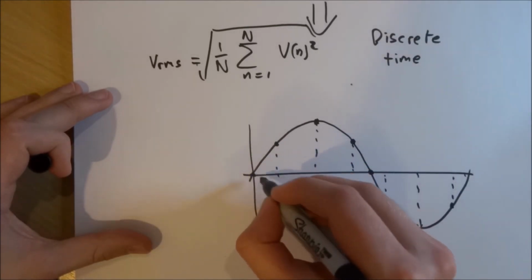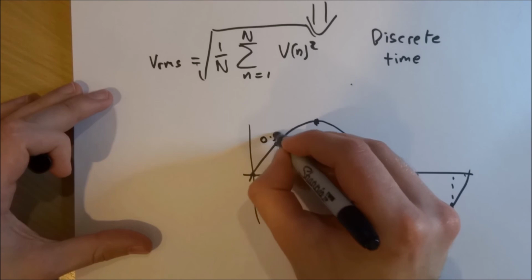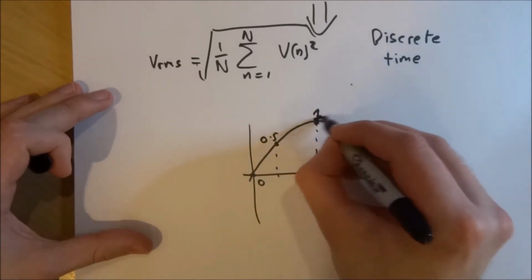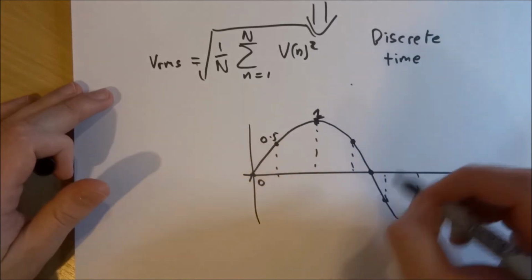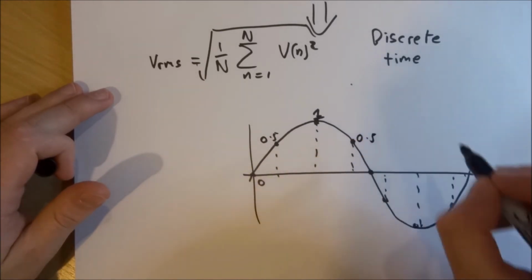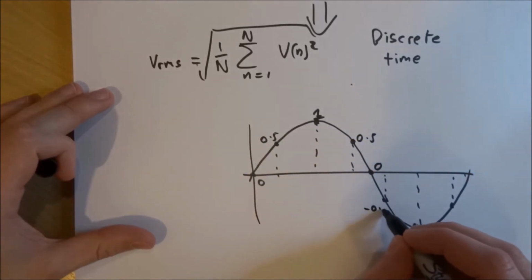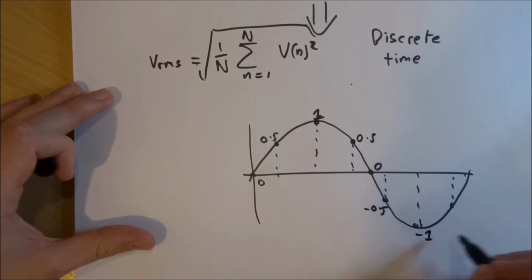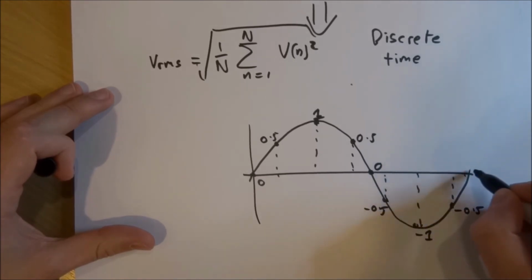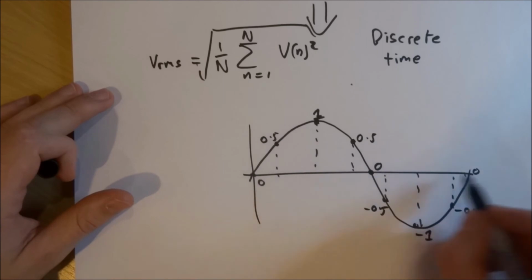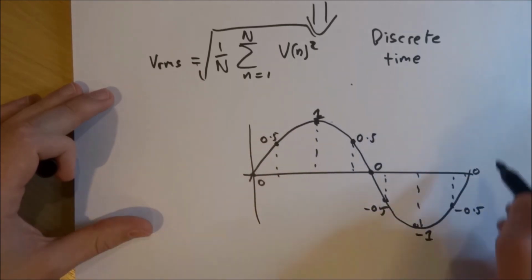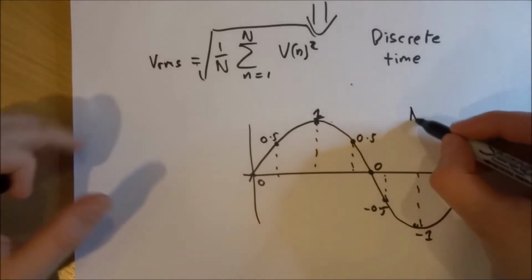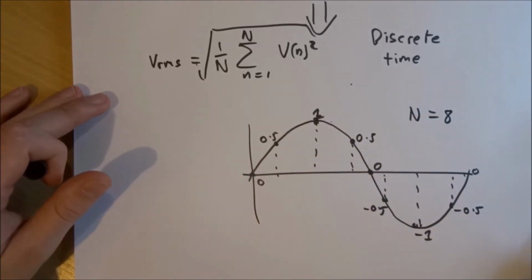So we have our first sample, which is 0, 1 at 0.5, 1 at 1. This is assuming that the sine wave has a 1 volt peak amplitude. We have 0.5 again, 0, minus 0.5, minus 1, minus 0.5 again, and then we're back to 0. So before the waveform repeats, we have taken 8 samples, 1, 2, 3, 4, 5, 6, 7, 8, so our capital N is 8.